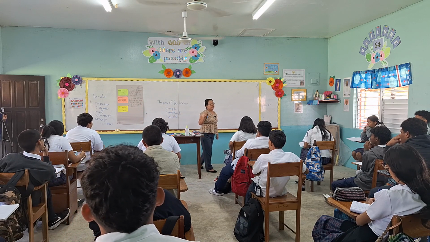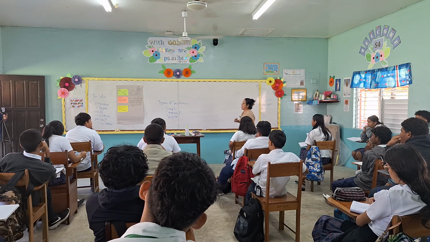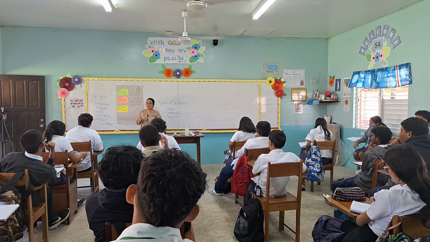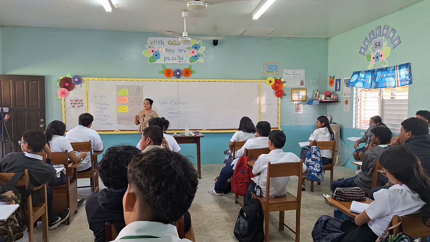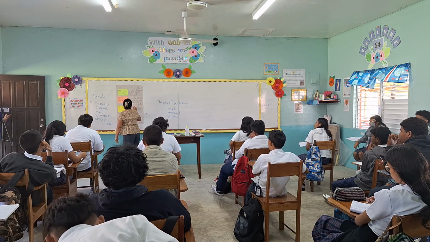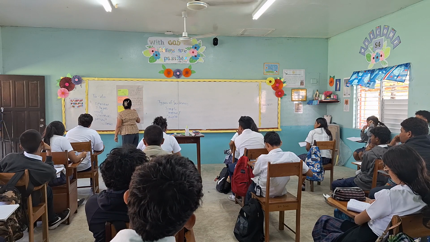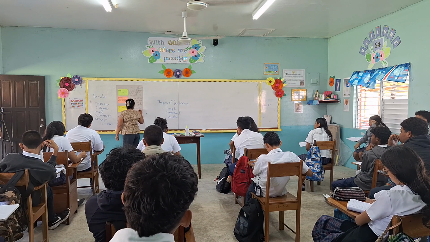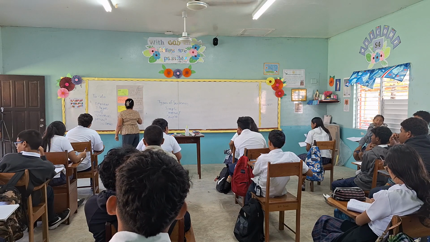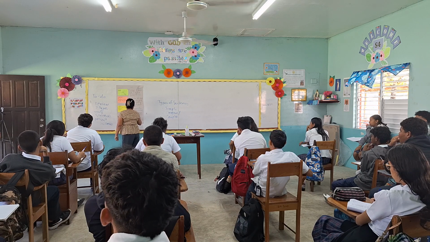How would you complete it, or how would you make this a complex sentence? So if I pass the exam, what will happen? My parents will take me out. So if I pass the exam, my parents will take me out for ice cream.